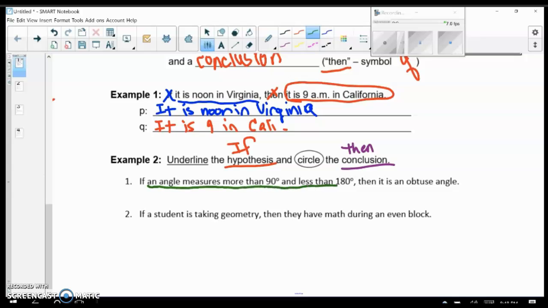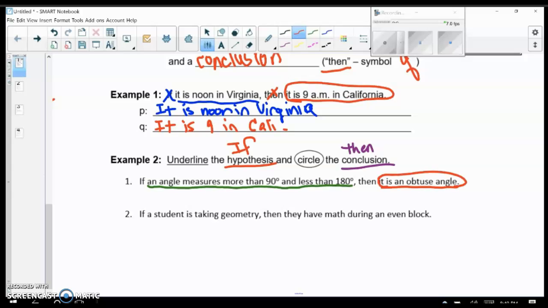So, if an angle measures more than 90 and less than 180. So, it looks like this is kind of a clunky thing to be our whole hypothesis or our whole conclusion. But we're basically going between the if and the comma.